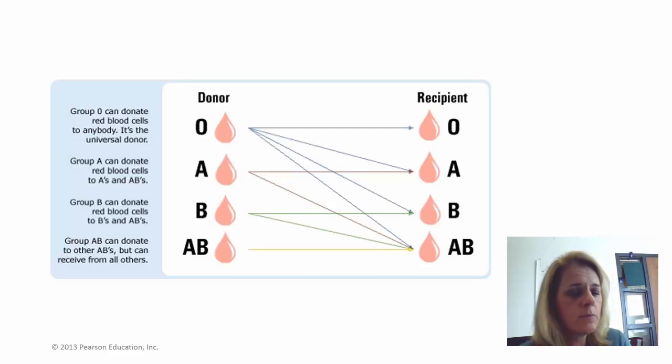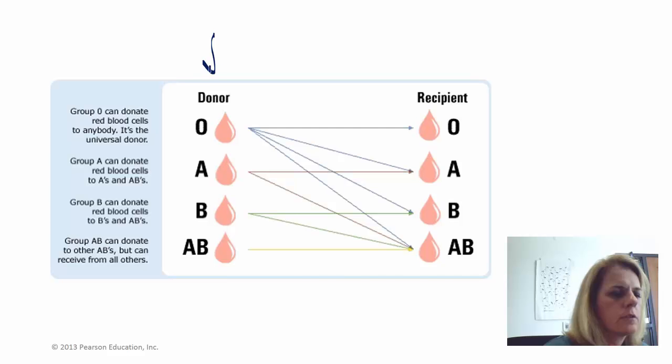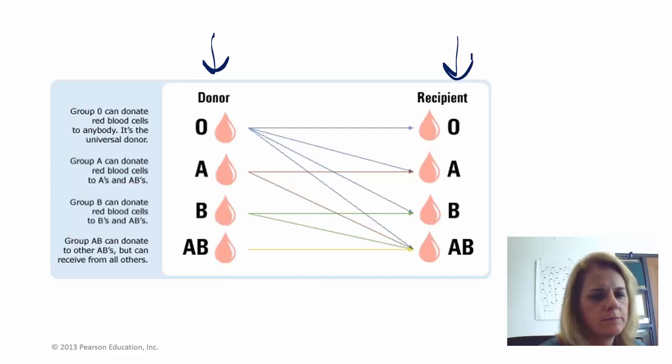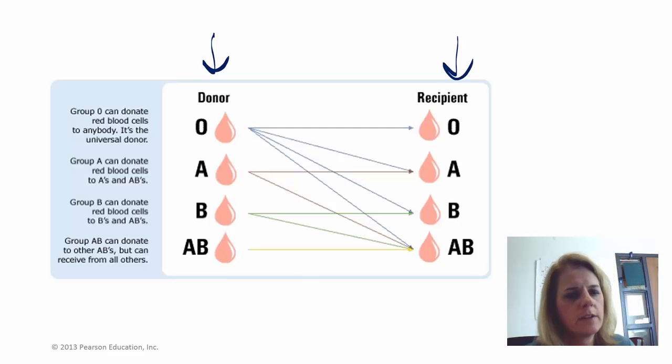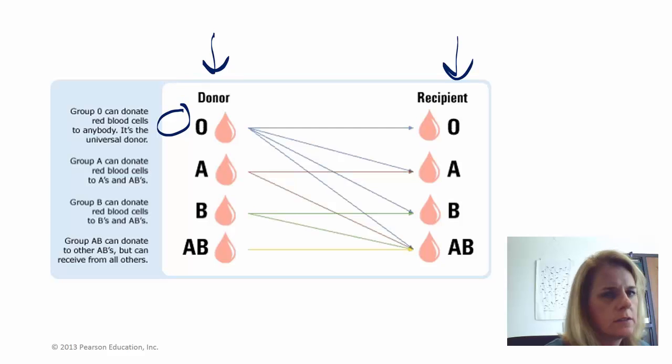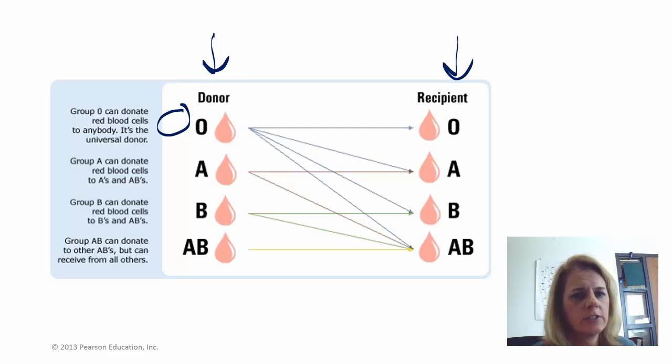All right, because this is important when you're thinking about who you can give blood to and who can get your blood. So this is the donor and this is the recipient, okay? And so let's say the donor, like me, I have O blood. So here's my red blood cell. Do I have any antigens on it? No, I don't have any antigens.